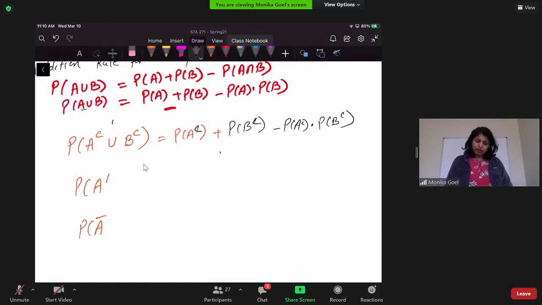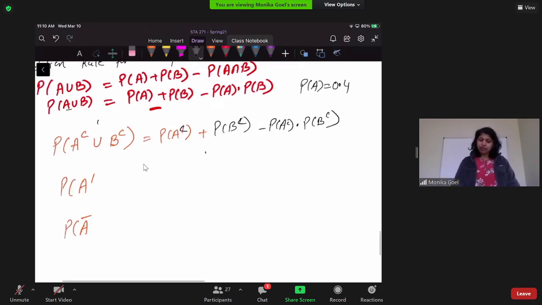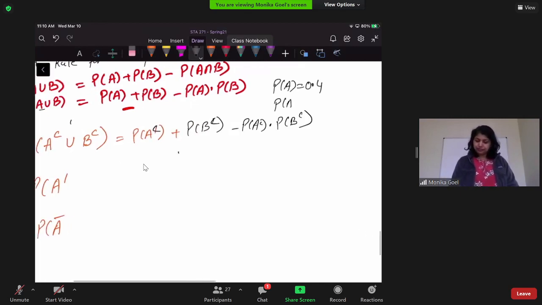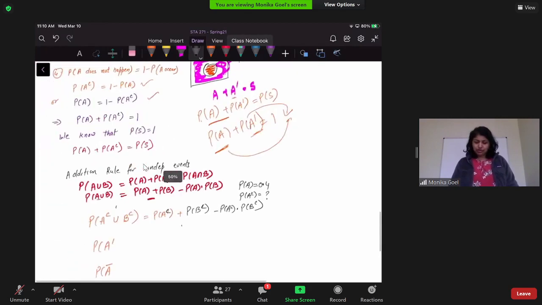If I know the probability of A is 0.4, can I find the probability of A complement? Or can you find the probability of A complement? We just use this rule, right?